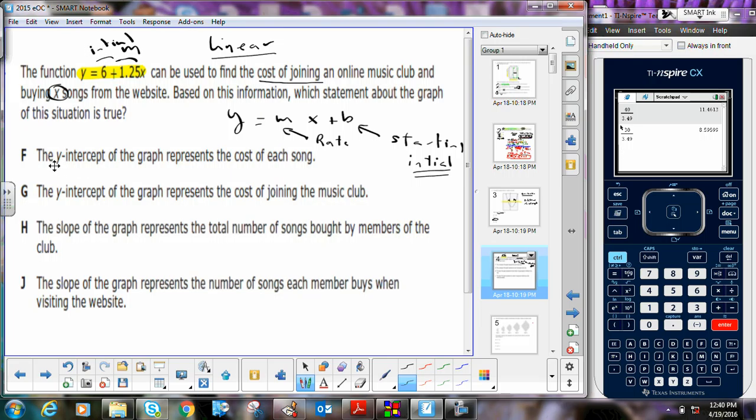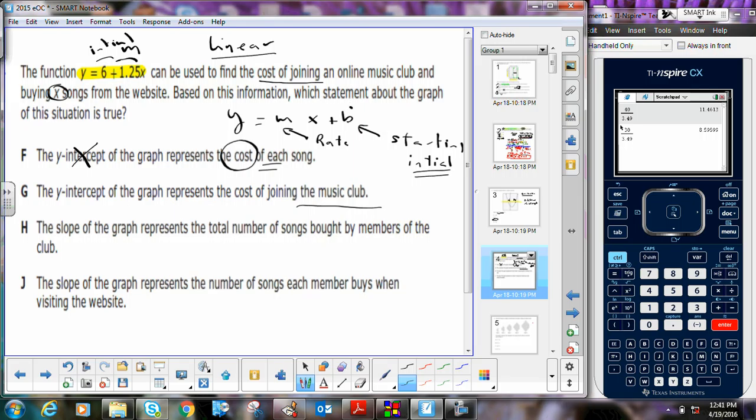So let's see the statements. The y-intercept of the graph represents the cost of each song. The cost of each song sounds like a rate. Each cost, each song. So that's not the y-intercept. This is a rate. The y-intercept of the graph represents the cost of joining the music club. You know what?